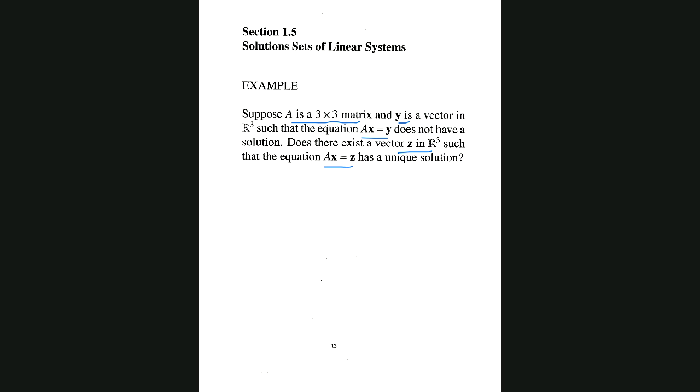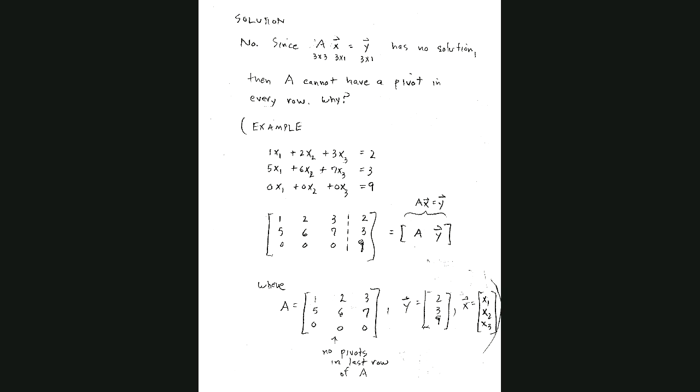All right. So the answer is going to be no. The answer to the question is no. Now let's see if we can justify this. And maybe what I'm showing you now is that maybe you wouldn't say no yet, but since Ax equals y has no solution, A cannot have a pivot in every row.